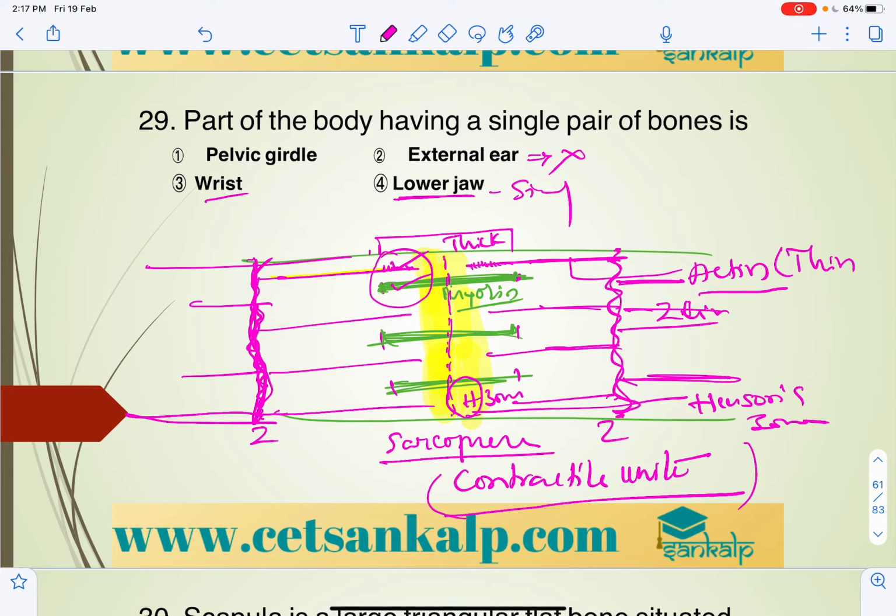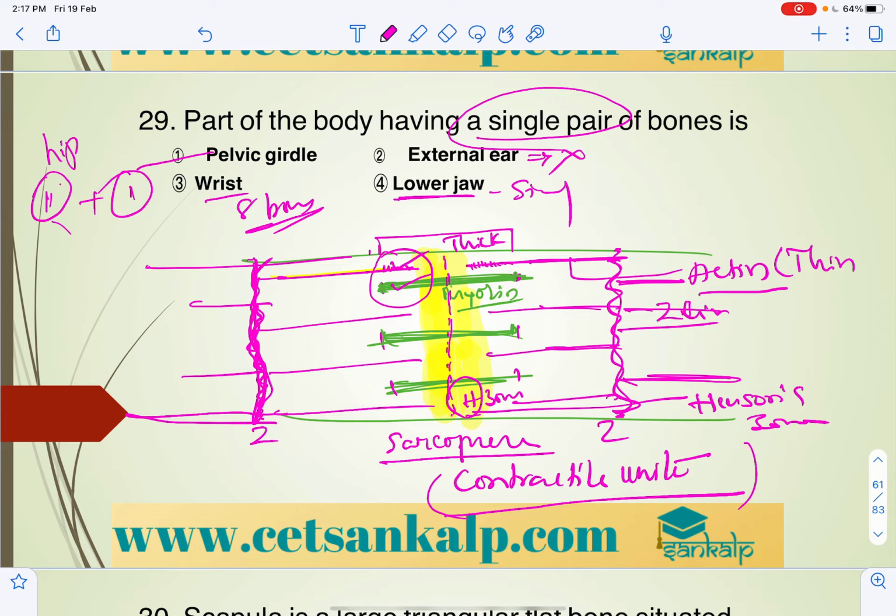In the wrist, generally there are 8 bones. The single pair of bones is the pelvic, right? One hip bone and the other half with the other bone. So the two together form the pelvic girdle. So it can be seen in the pelvic girdle.